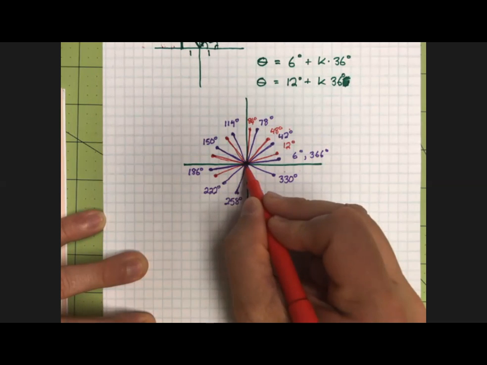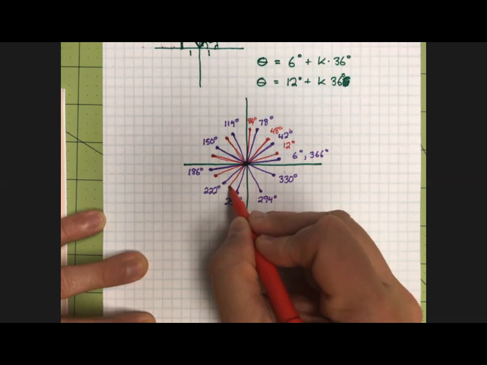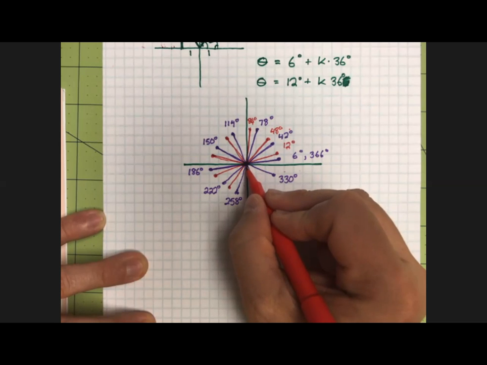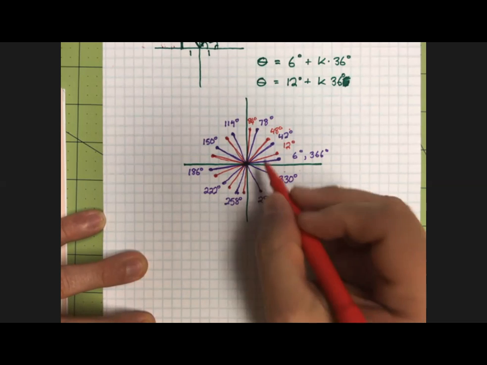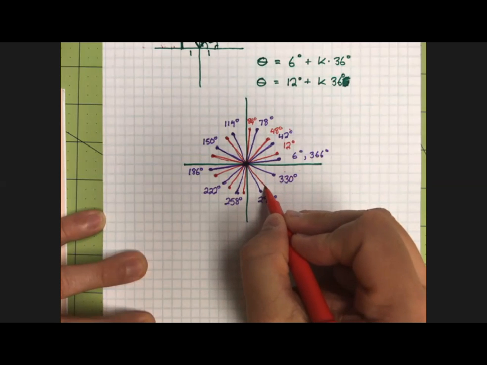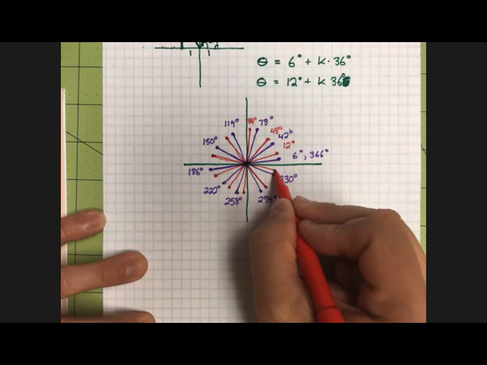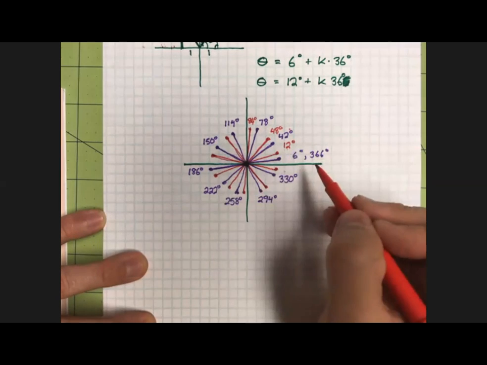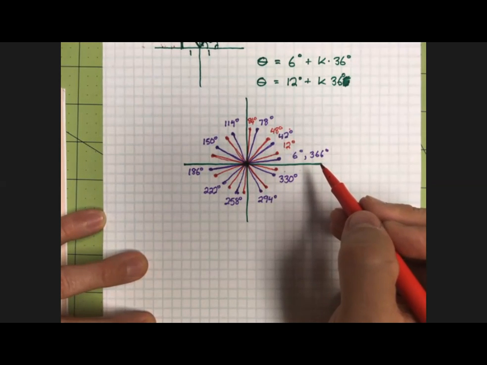But there's so many answers here. How many answers am I drawing just between 0 and 2 pi? 10 purple ones, 10 red ones. I've got 20 answers right here. And I could name all the red ones too, but I think I'm going to let that be.